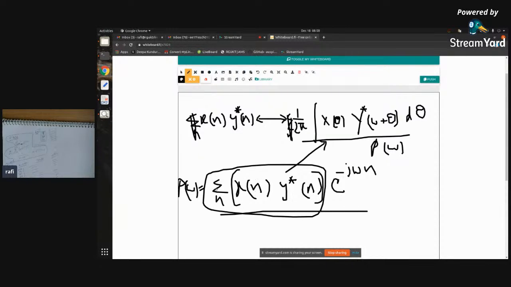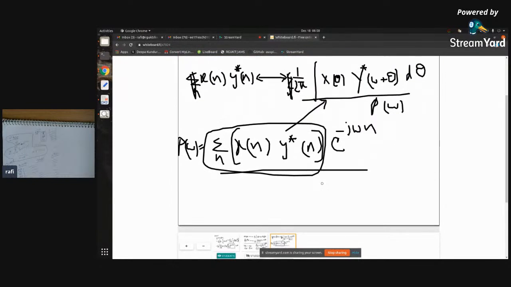So if you want only this summation part, how should we eliminate this? If you take p of 0, will it happen or not? So what is p of 0 when omega is equal to 0? This is simply summation over n x of n y star of n. So that is p of 0.